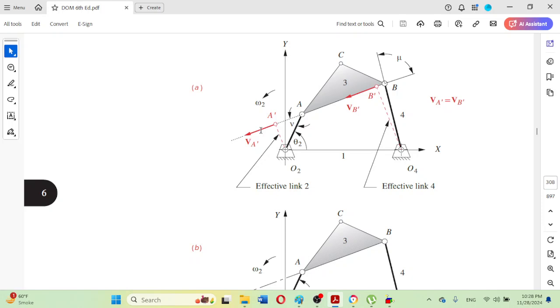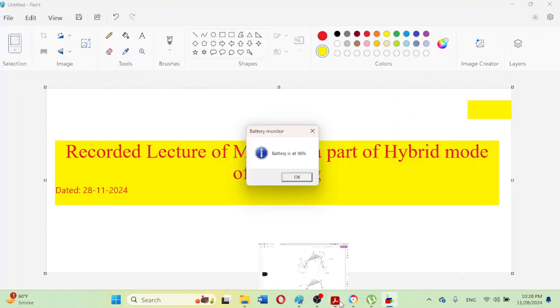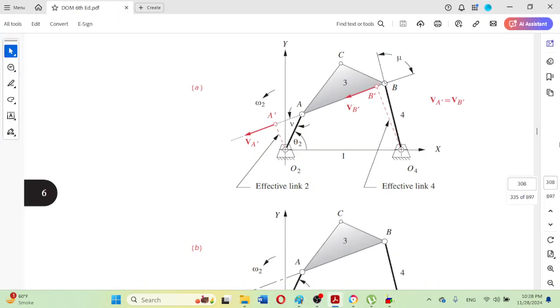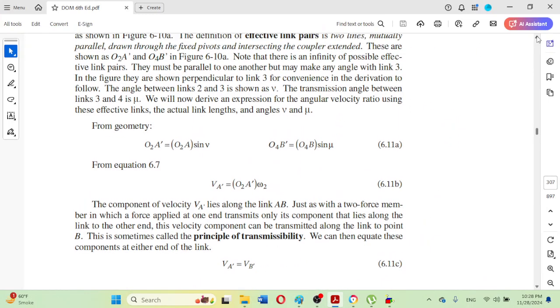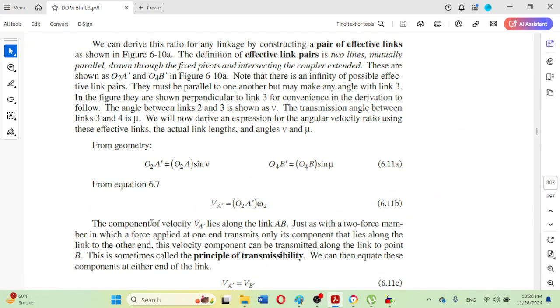So in this way, as we can observe here, it states that the component of velocity VA dash lies along the link AB as already stated, just as with a two force member in which a force applied at one end transmits only its component that lies along the link to the other end.